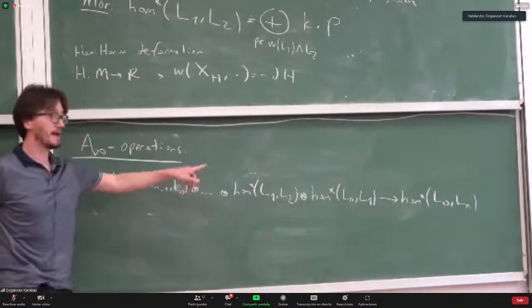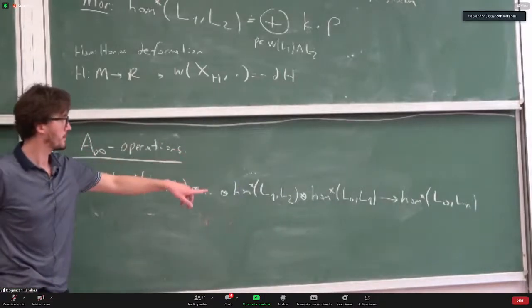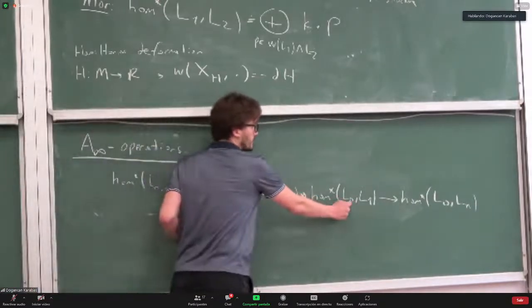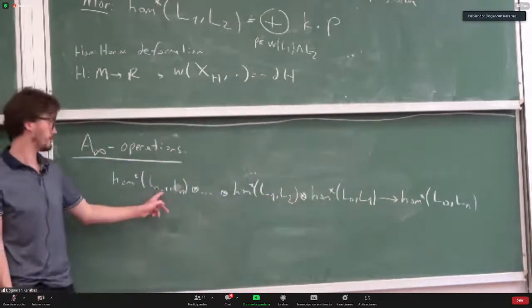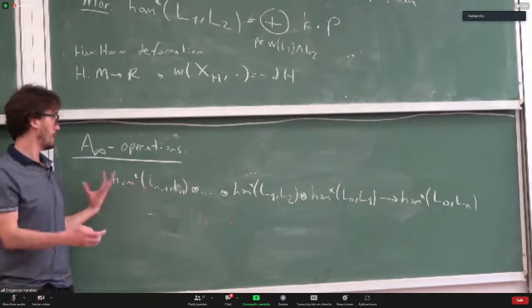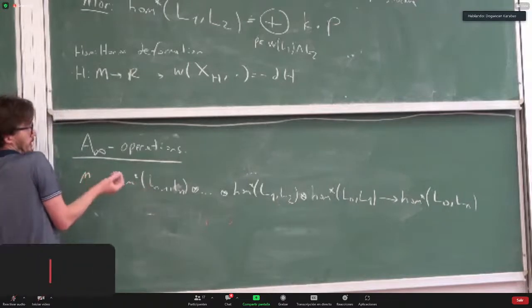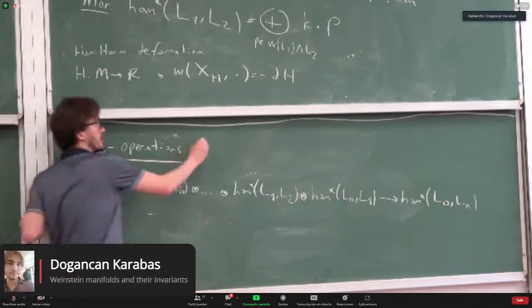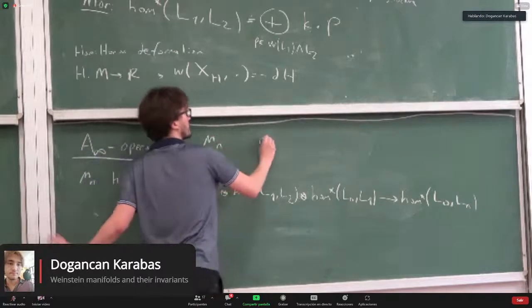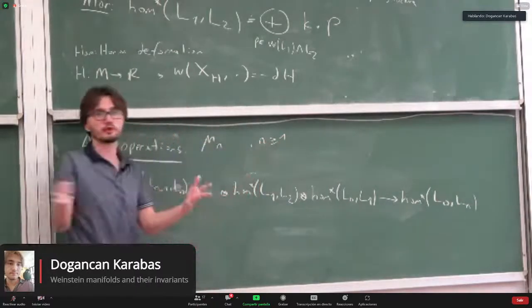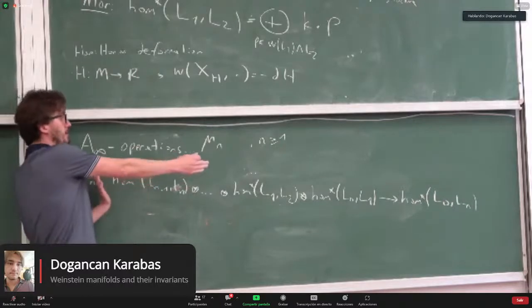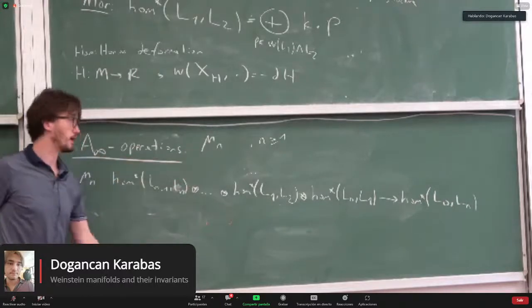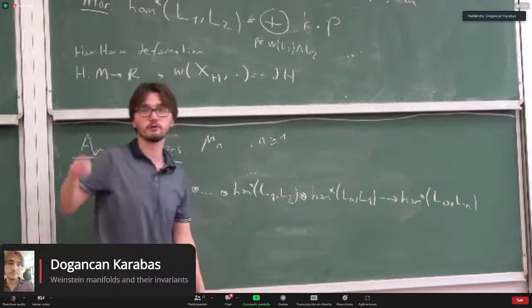You have Lagrangians L0 to Ln, okay? So you take one intersection of L0, L1, then L1, L2, and so on up to here, and you apply this infinity operation. So the infinity operations are mu n for n greater than or equal to 1. It's a collection of operations on the morphisms. So it takes inputs and gives you one output. And what does it do? It counts holomorphic disks.